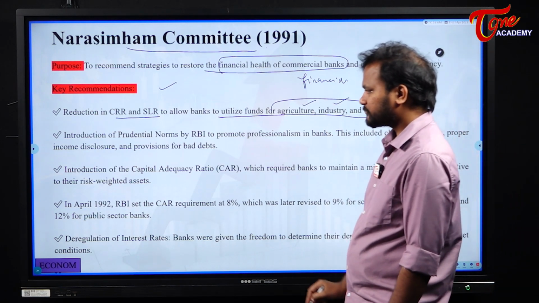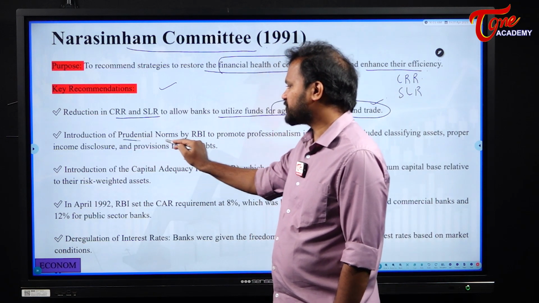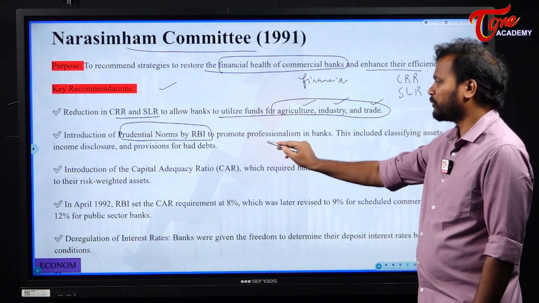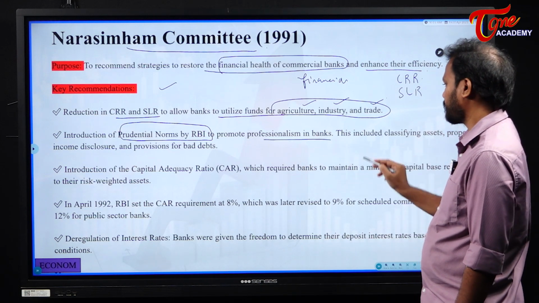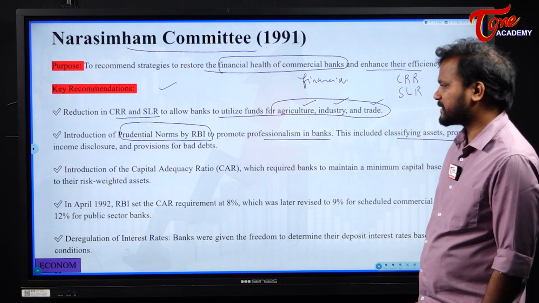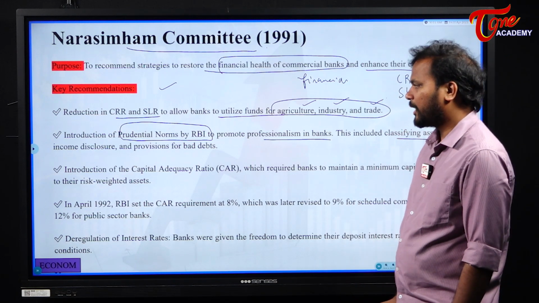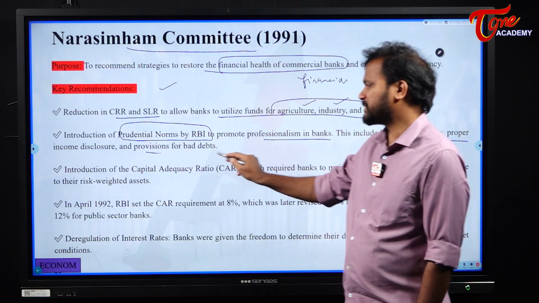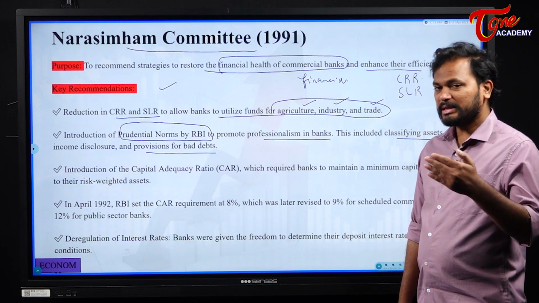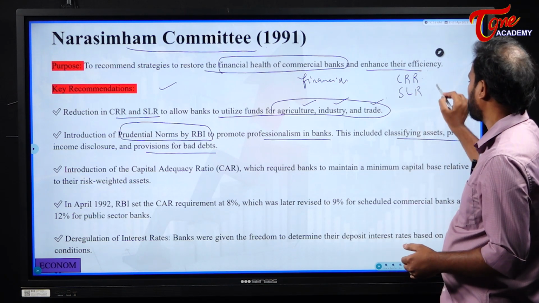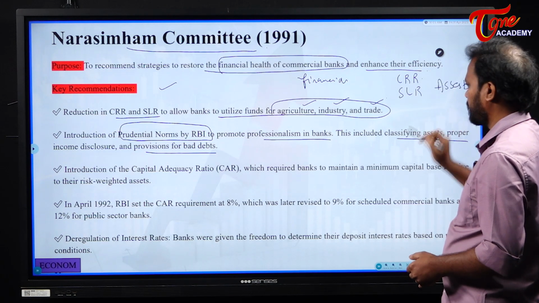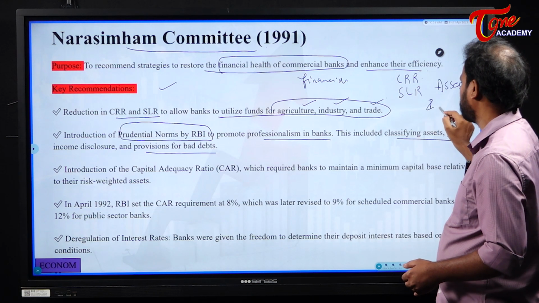Clear? Next, introduction of prudential norms by the RBI to promote professionalism in banks. This includes the classification of assets, income disclosure, and provisions for bad debts. Within the banking system, these three areas are very important. The classification of the assets, the proper income disclosure.